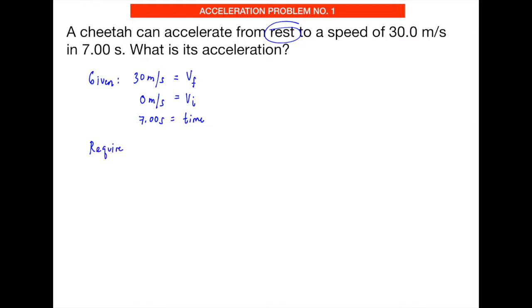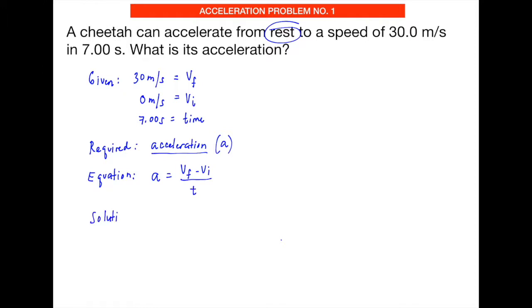The required is simple, and that is its acceleration. The symbol is letter A. And next, what is the equation? The equation is simply acceleration equals Vf minus Vi over time.